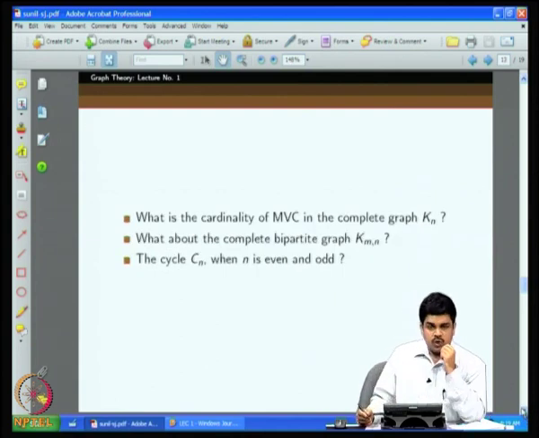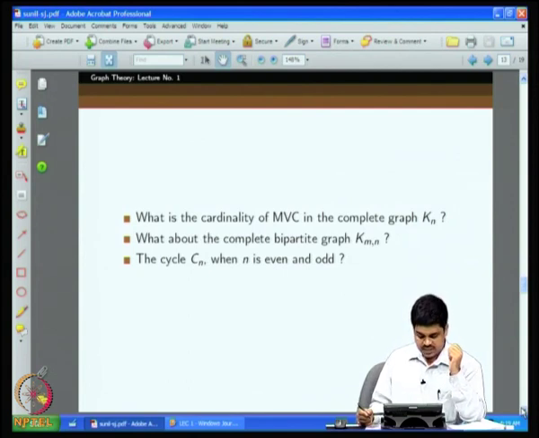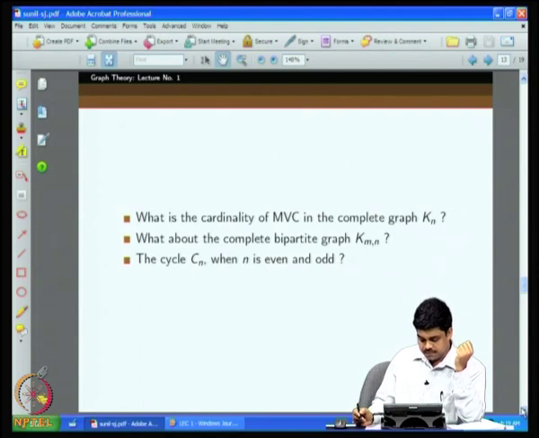Now, to get familiar with what a vertex cover is, we can take some examples and see what the cardinality of the minimum vertex cover is in those graphs. For instance, our first graph, the complete graph Kn: what is the cardinality of the minimum vertex cover in a complete graph?